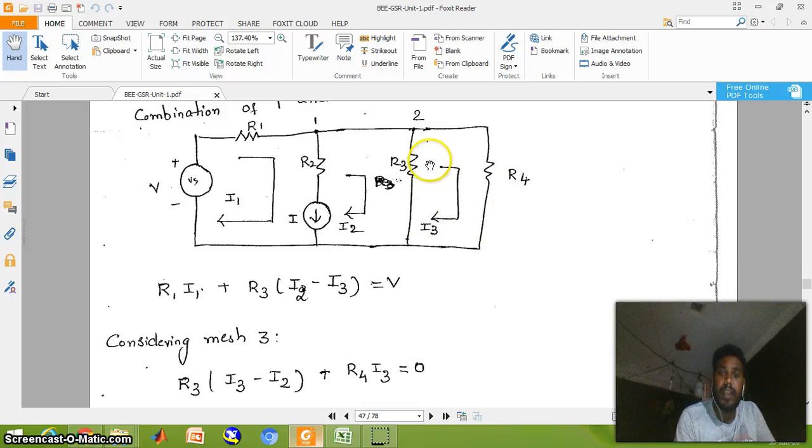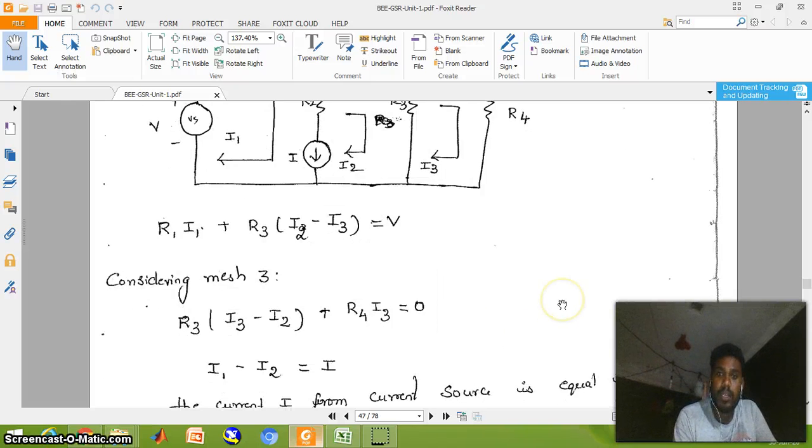The voltage drop across R3 is the current through R3 into R3. The upper current is I2, the lower current is I3. So the net current is I3 minus I2, because our net current direction and I3 are in the same direction. That is the reason the current through R3 is I3 minus I2. So the voltage across R3 is (I3 minus I2) into R3, plus the voltage across R4 is R4 into I3, equal to 0 because no voltage sources are available in that loop.